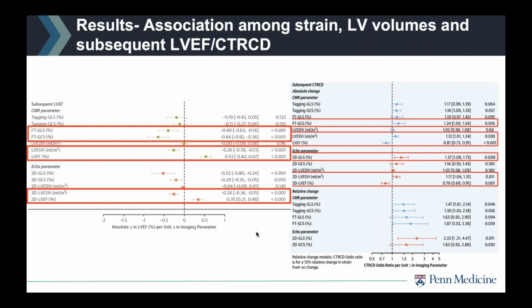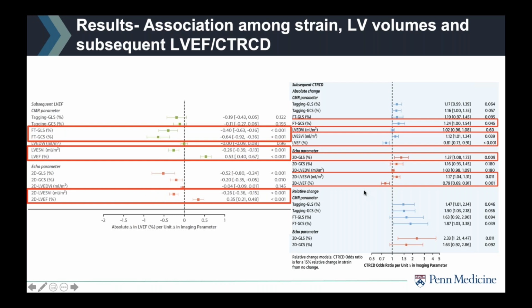So how about subsequent change in LVEF and CTR-CD? Tagging did not predict a subsequent LVEF change. However, feature tracking did, and so did change in LV end systolic volume index, not the end diastolic volume index, just the end systolic volume index, and so did GLS and echo parameters of change in LV end systolic volume index.